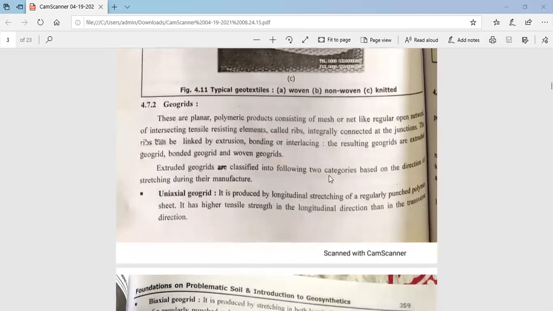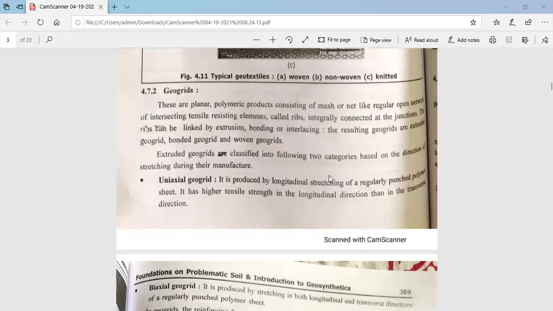So the next classification we talk about is geogrids. These are planar polymeric products consisting of a mesh or net-like regular open network of intersecting tensile resisting elements called ribs, integrally connected at the junctions. So the ribs can be linked by extrusion, bonding, or interlacing.